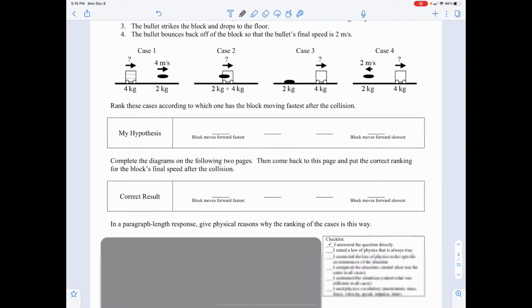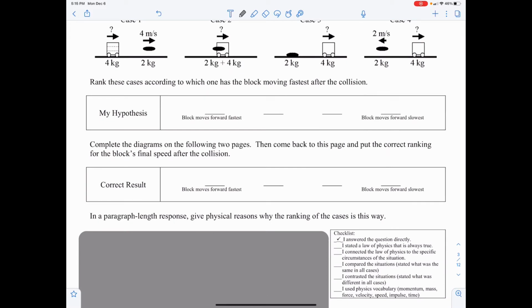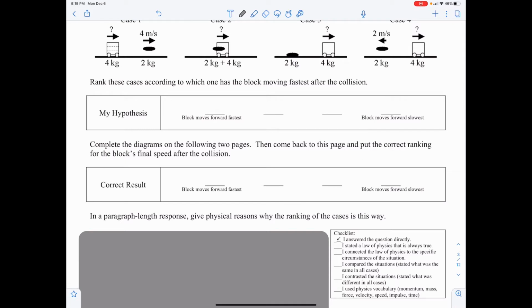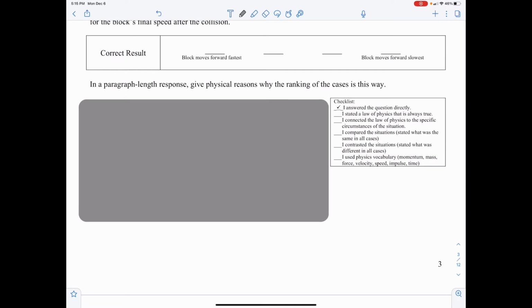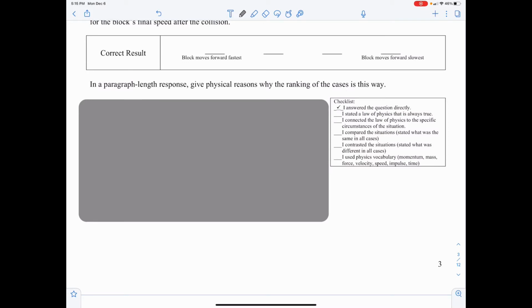Okay, now what we're going to do is we're going to complete the diagrams on the following 2 pages for case 1, 2, 3, and 4. Then we're going to come back and we're going to put the correct ranking here, and we're going to see how close you were with your prediction. Then we'll give a paragraph length response that explains our cases.